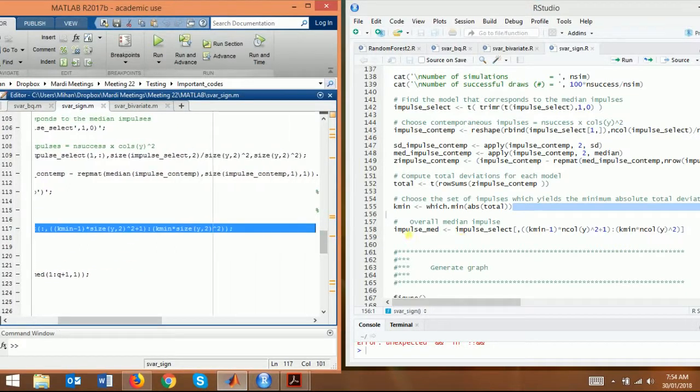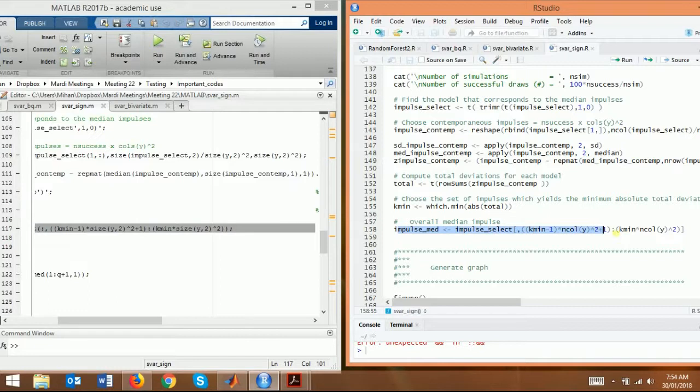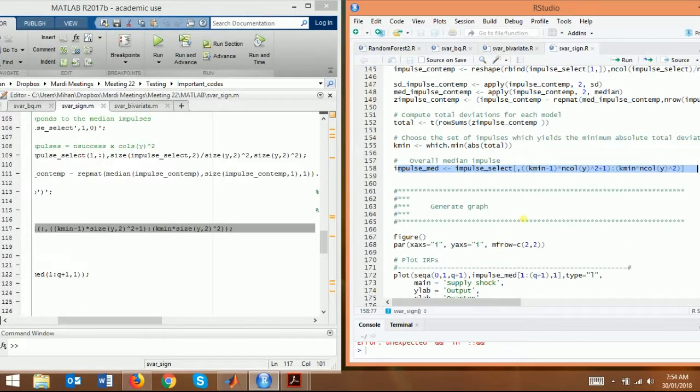This is another important one, I guess. All rows, number of columns is what changes by 2 plus 1. Okay, whatever.